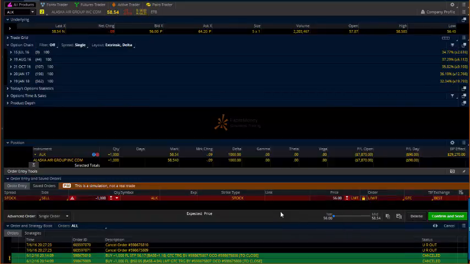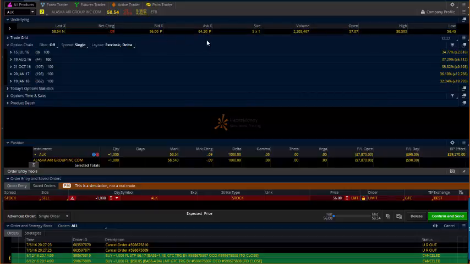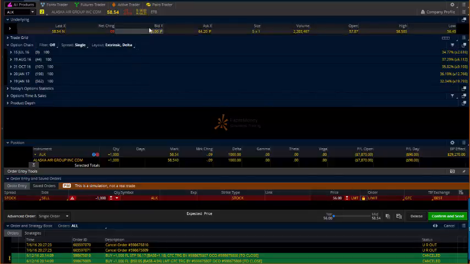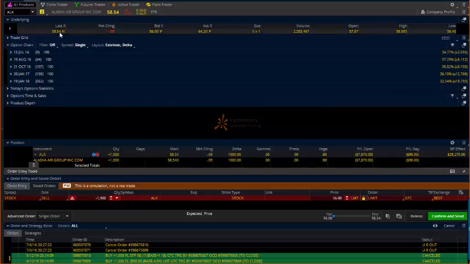We can negotiate a price, which is what we probably should do. This is after hours in the evening, so the bid and the ask has really opened up. 56 by 64. If I don't move my price at all, I'm not asking for what the current price in the market was. See, at the end of the day today, it traded at 58.54.